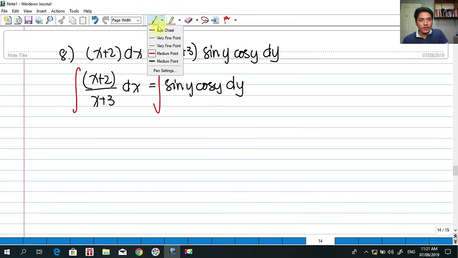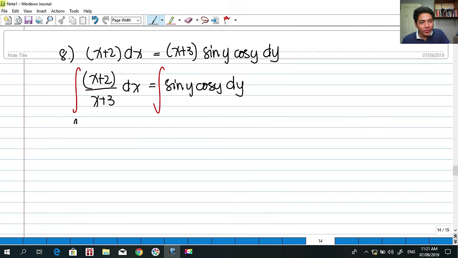So as you can see here, how do we integrate this first? One factor is that we can always make the numerator the same as the denominator, given that we only have to add a constant; we cannot add x terms here or y terms here.